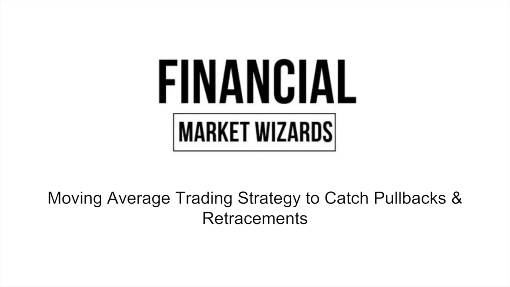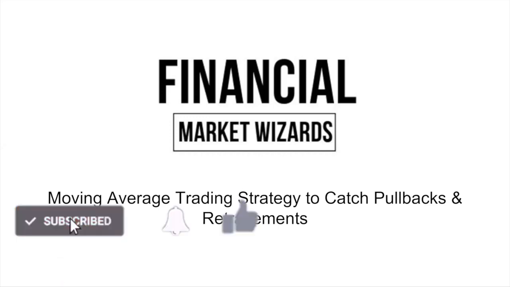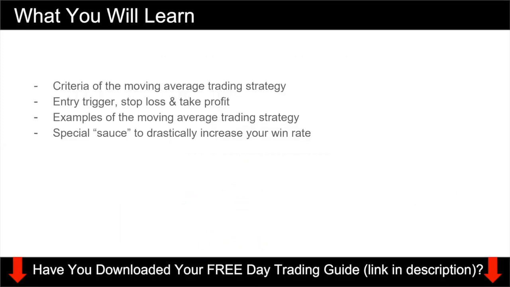I'll give you a full breakdown of this strategy. I will tell you the entry criteria, I'll give you the stop loss, and I'll tell you how to take profit as well. So what am I going to cover in this video? The first thing I want to do is cover the criteria of the moving average trading strategy that allows you to capture the retracements and pullbacks.